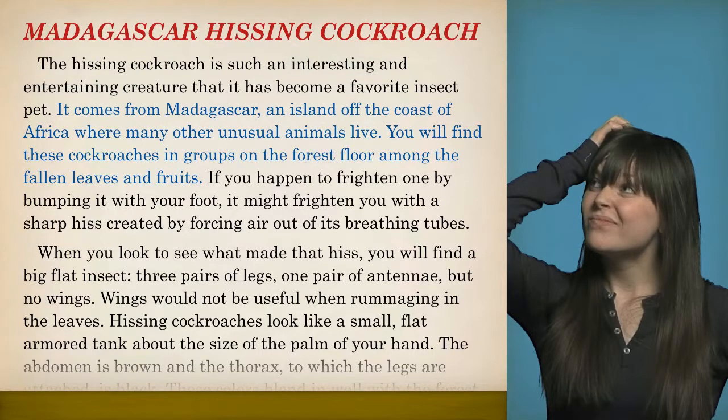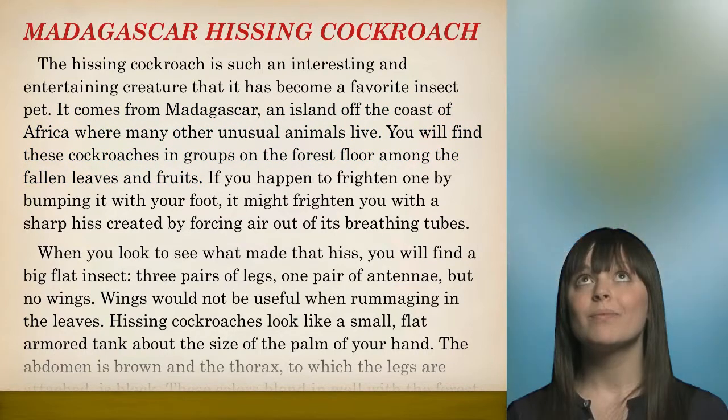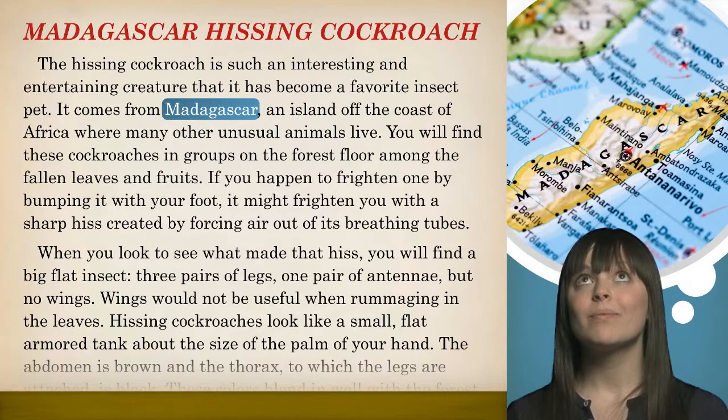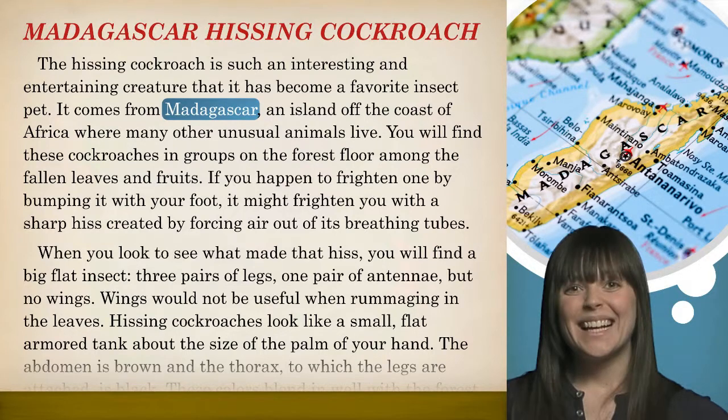It comes from Madagascar, an island off the coast of Africa where many other unusual animals live. You will find these cockroaches in groups on the forest floor among the fallen leaves and fruits. Oh, that helps. I see a map that shows me Madagascar is an island near the coast of Africa. Now I know where this particular cockroach is from. Maps are useful. I like it when authors include visuals like maps, graphs, and diagrams to describe important details.